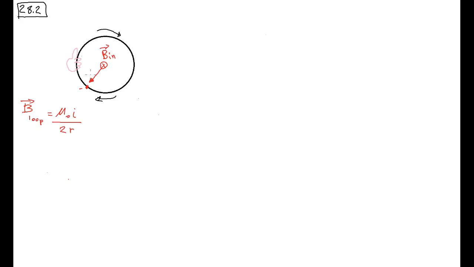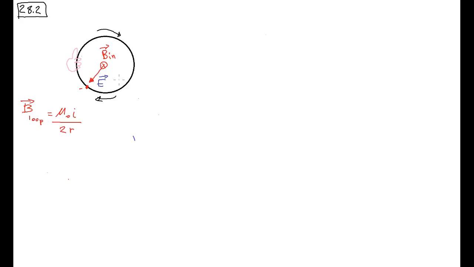But if they want you to answer this question at one specific point in time, then when the electron is at one particular point in the orbit, the electric field will be pointing toward the electron, away from the nucleus, and the magnetic field created by the motion of the electron will be pointing into the board, along the axis through the center of the orbit and perpendicular to the orbit. And you can calculate its value using this.